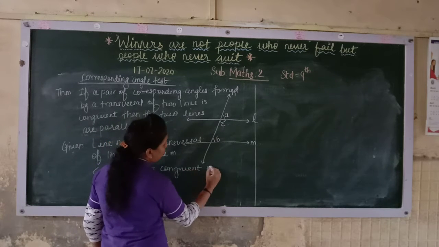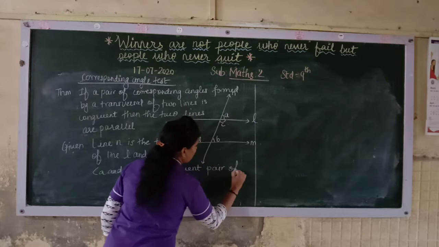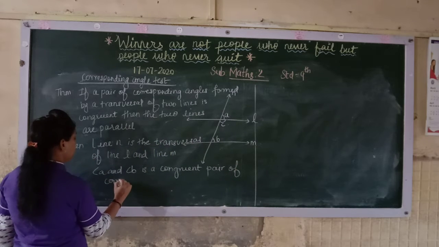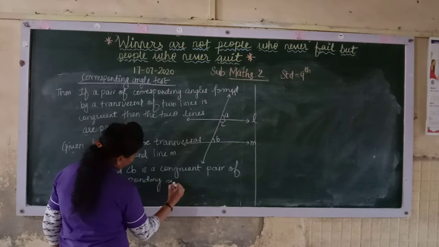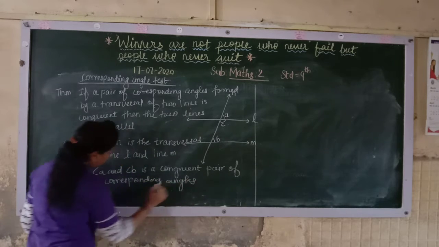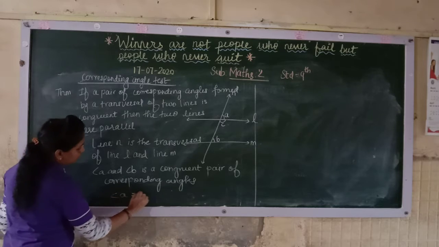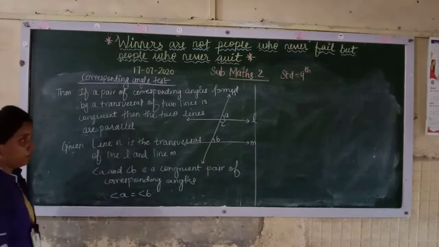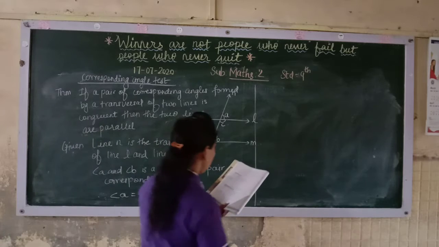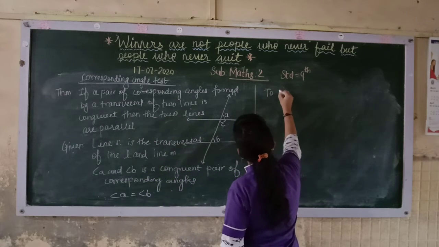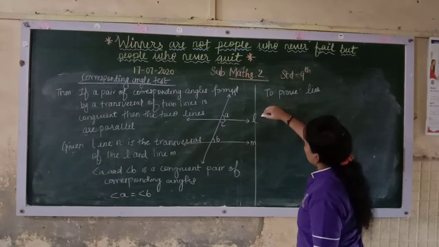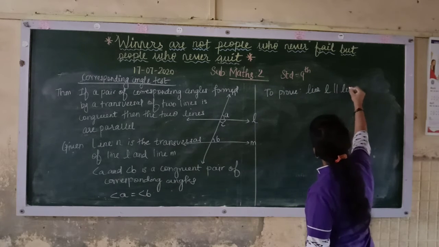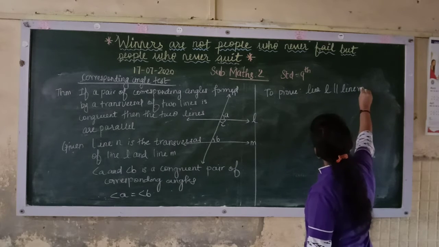So what we will get, angle A is equal to angle B. Now what we want to prove, that line L is parallel to line M.